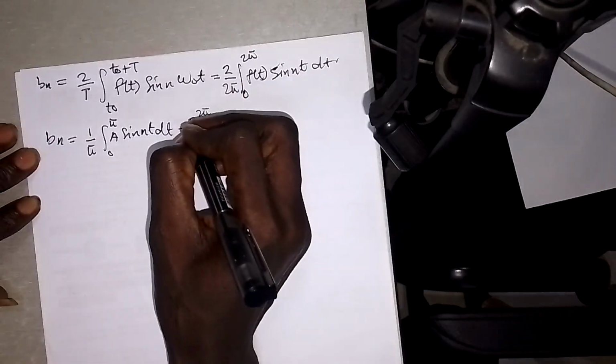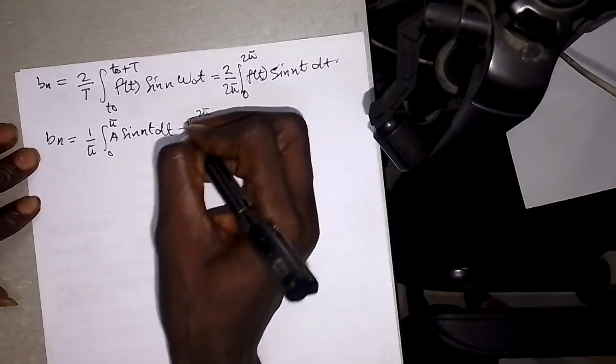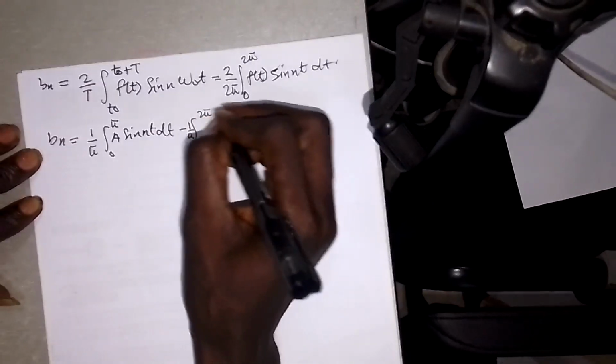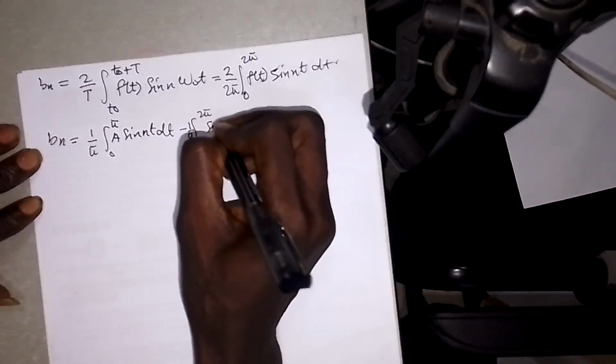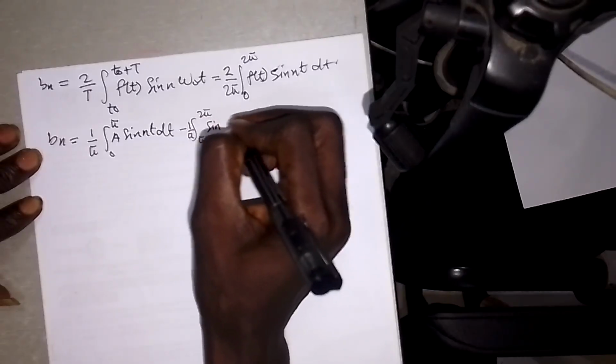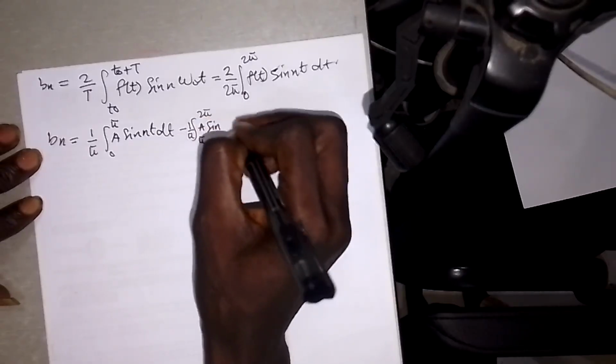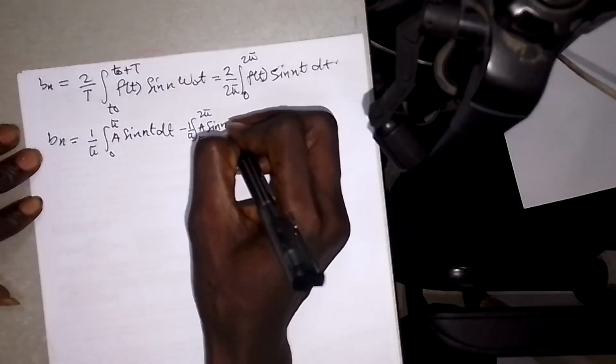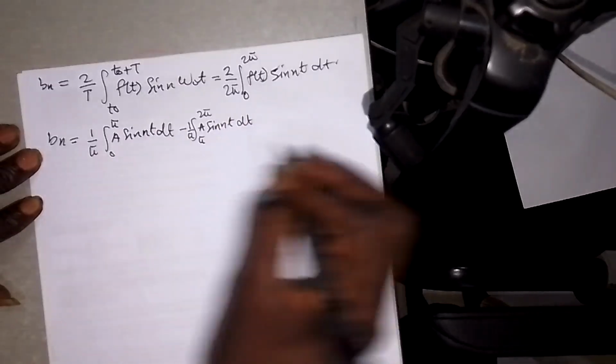Please, here it has to be 1 over pi into sine nt dt.